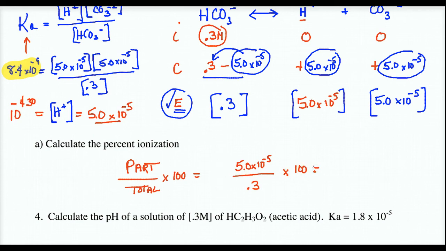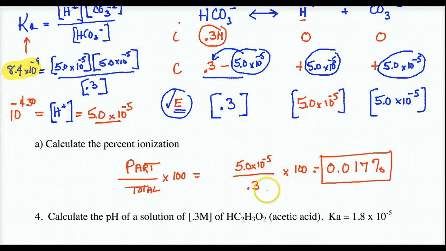So 5 times 10 to the negative 5 divided by 0.3 times 100. And this gives us 0.017%.